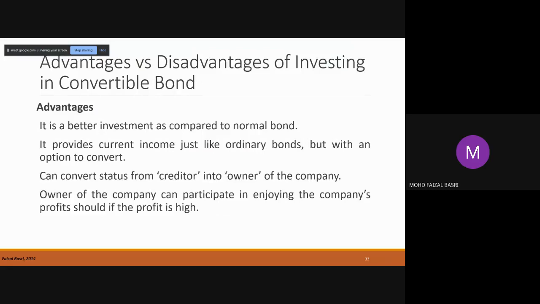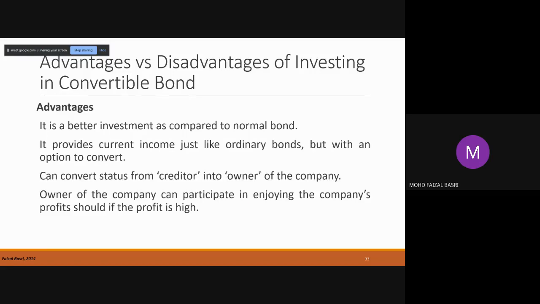Okay, so advantages for the investor is sometimes a better investment as compared to normal bond. And you can convert your status lah from creditor into the owner of the company. So as an owner, you akan enjoy a few more perks lah.